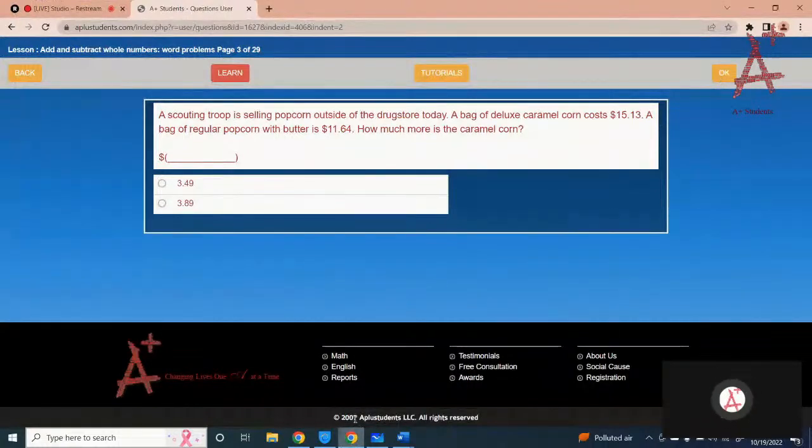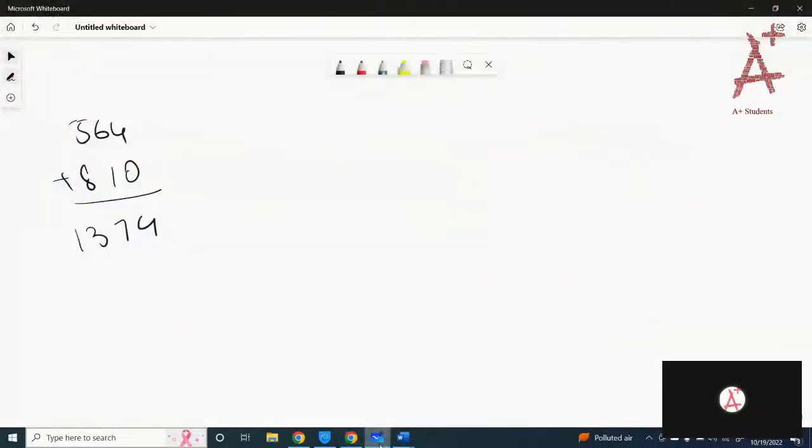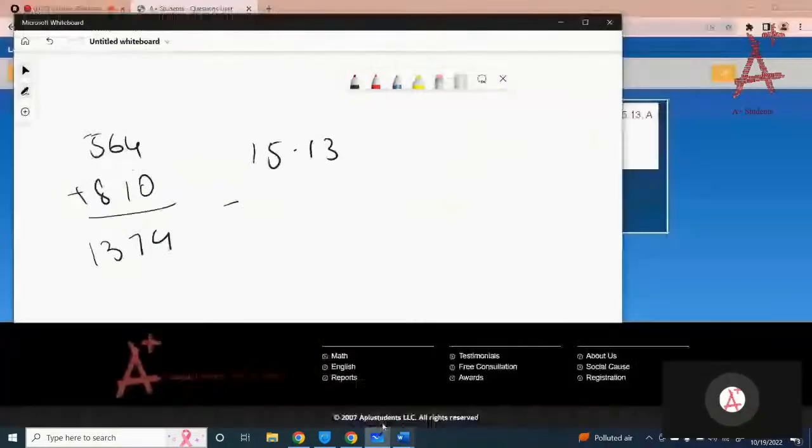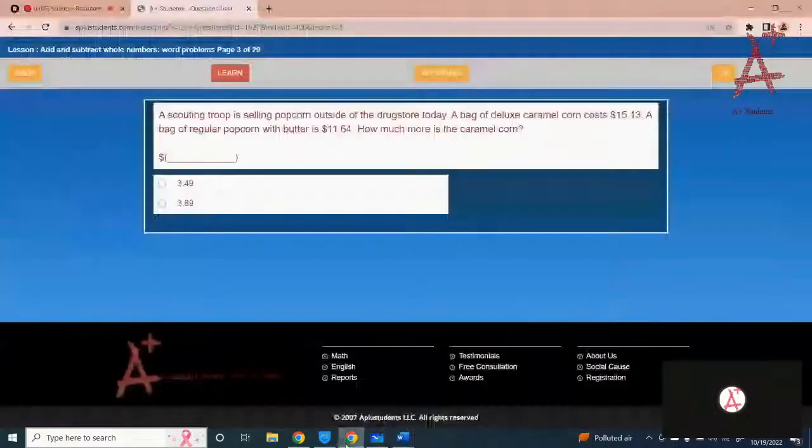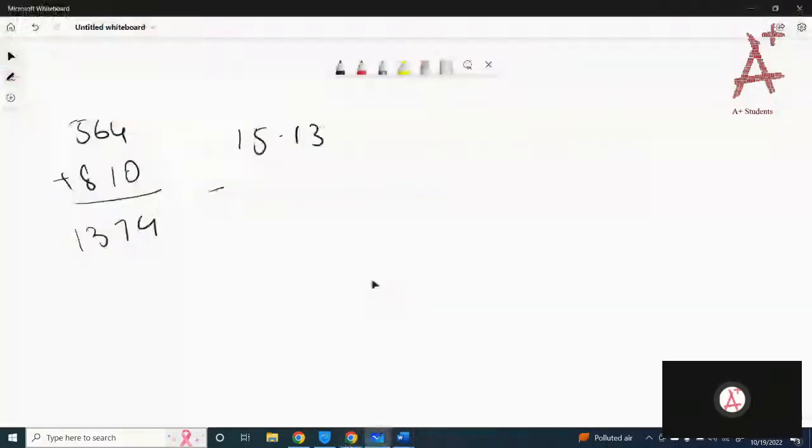Just subtract them. 15.13 subtract the price of the 11.64. So you have to subtract them.